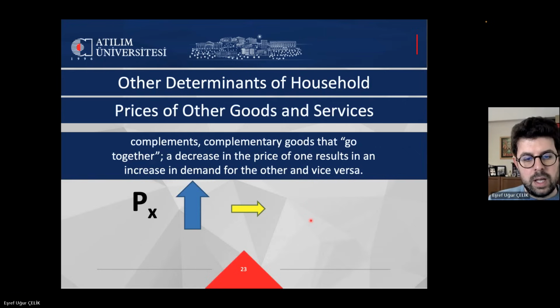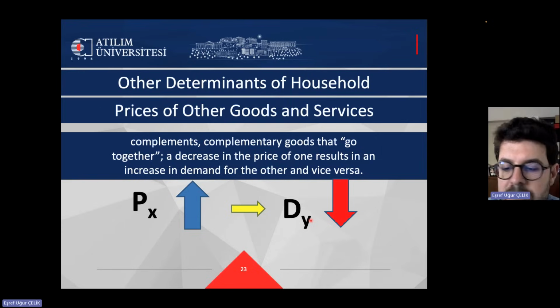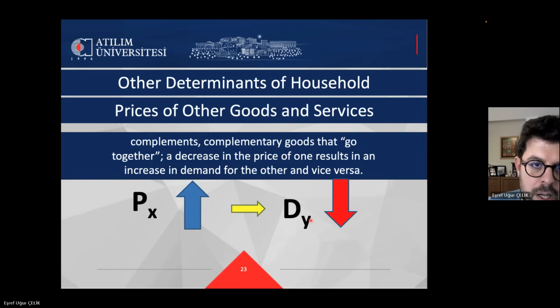Okay. And complementary goods, or complement goods. In complement goods, we see the negative relationship. So if you see that relationship, that is called complementary goods. And that means that they act together. You can eat together.